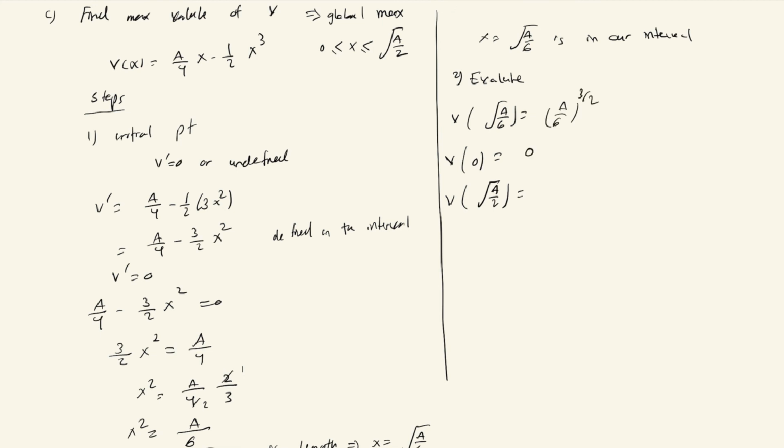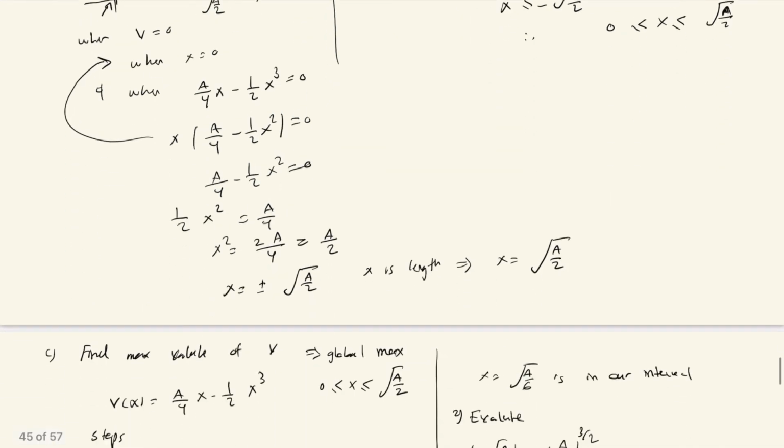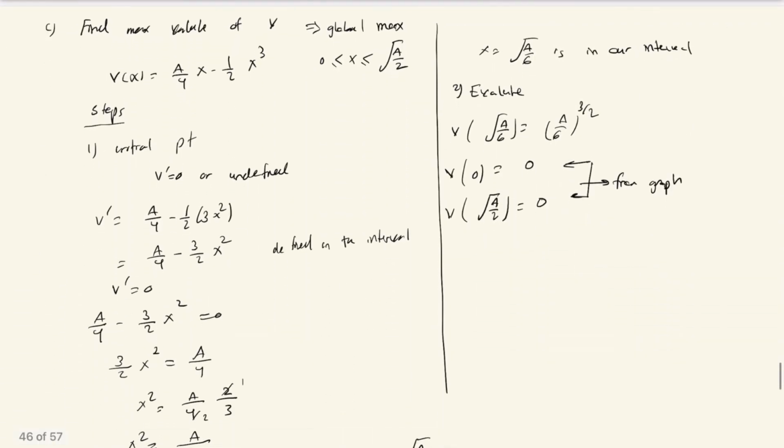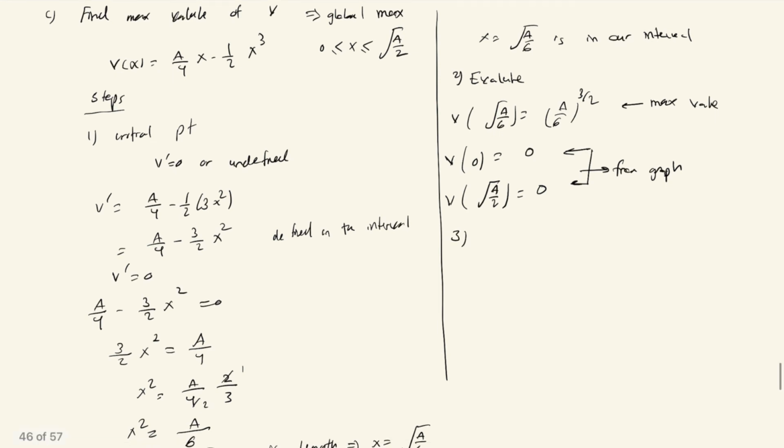Now the volume at x equal to 0 is just 0. And the volume at x equal to square root of a over 2 is also 0. We can see that from the graph from part B. Now we can notice that at x equal to square root of a over 6, we have a maximum value.